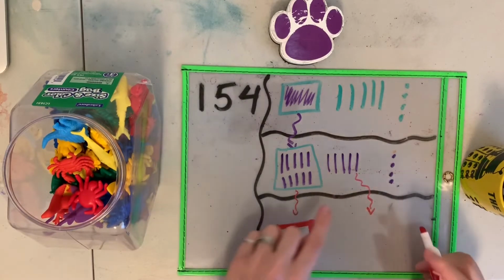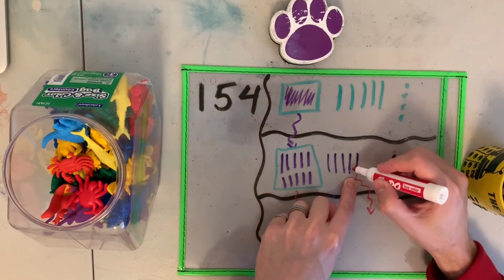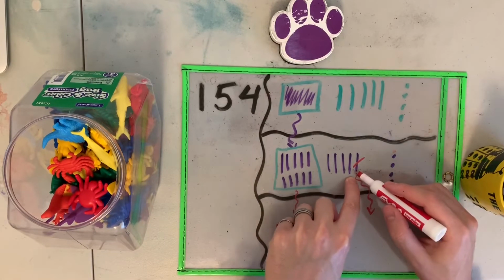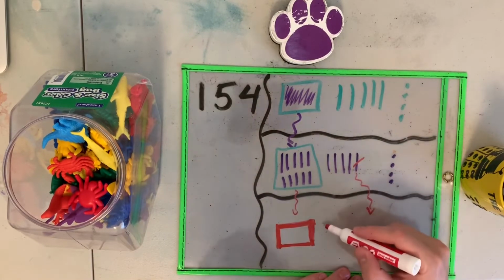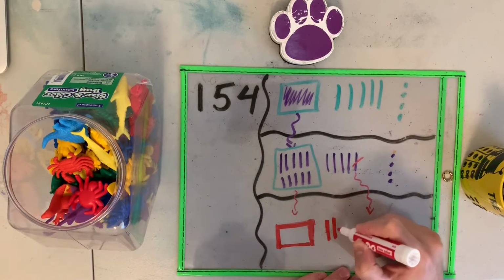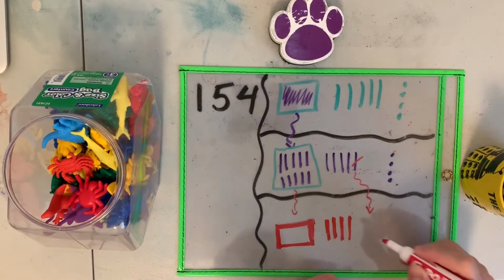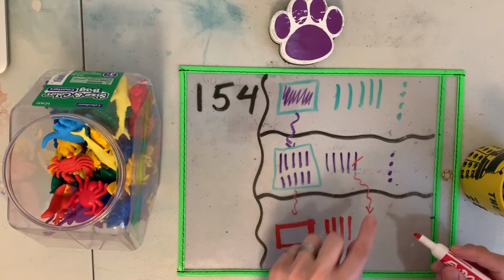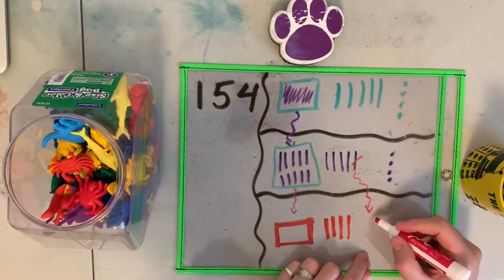And then, como voy a cambiar este que está aquí, no lo voy a contar. I'm not going to count this one. So I have now 1, 2, let me do it thicker. 1, 2, 3, 4. And number 5, I'm going to change it. The fifth ten, I'm going to change it into ones.